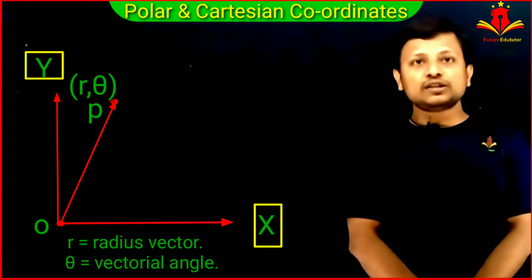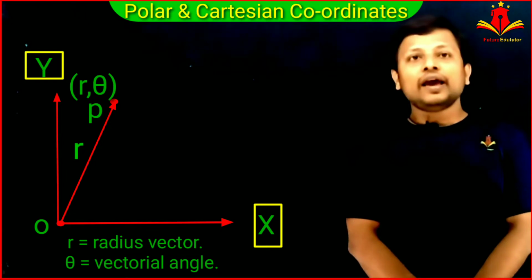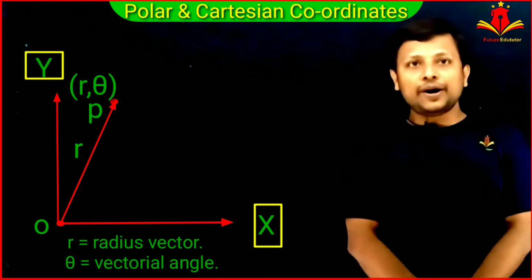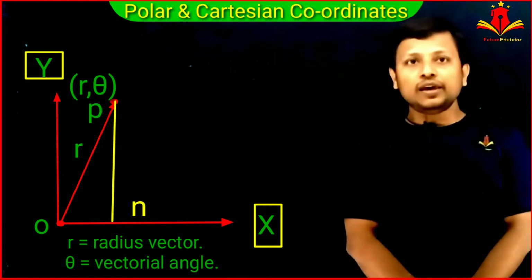Then the distance between O and P is r, and draw a perpendicular from P to the x-axis.